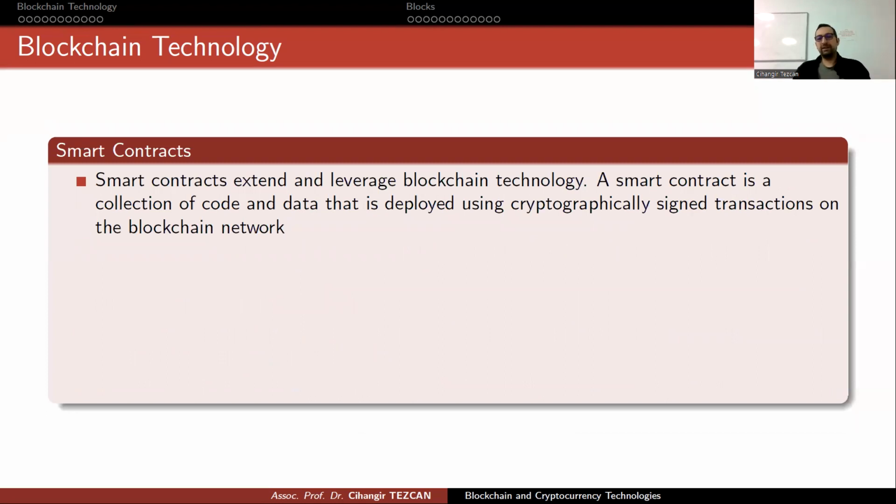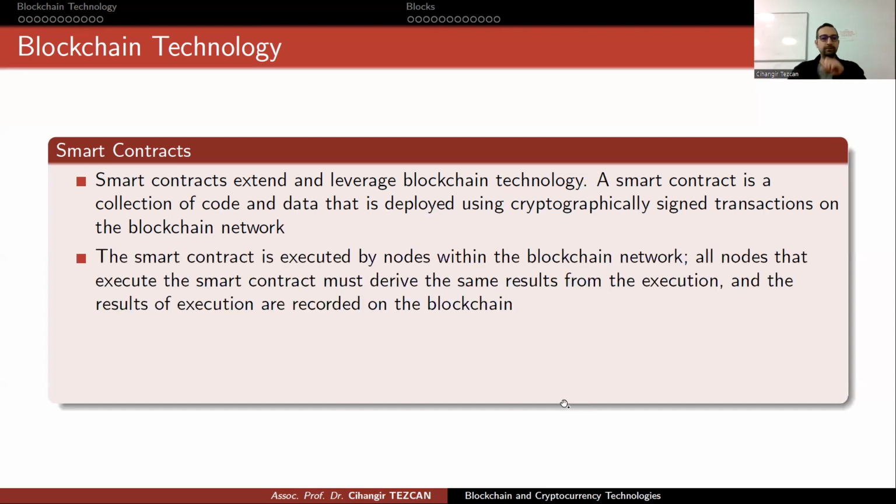Smart contracts extend and leverage blockchain technology. A smart contract is a collection of code and data that is deployed using cryptographically signed transactions on the blockchain network. The smart contract is executed by nodes within the blockchain network. All nodes that execute the smart contract must derive the same result from the execution, and the results of execution are recorded on the blockchain.